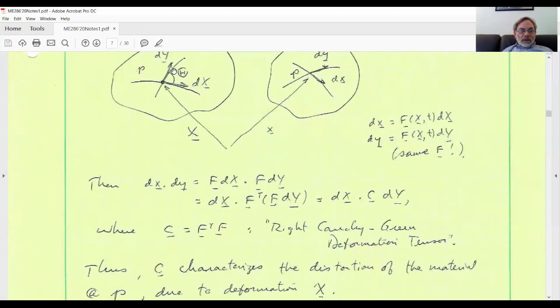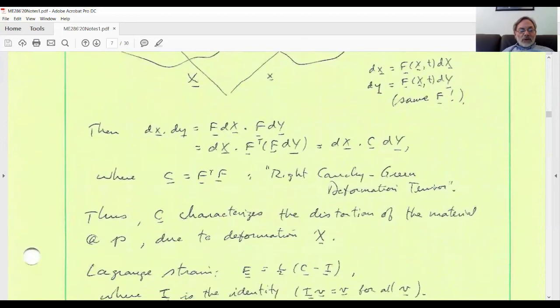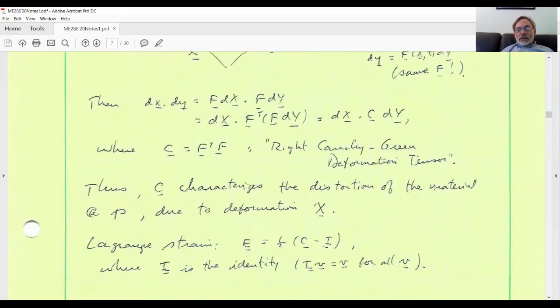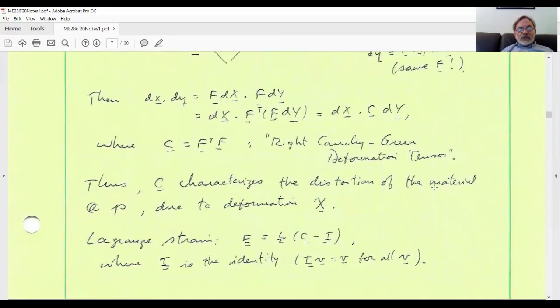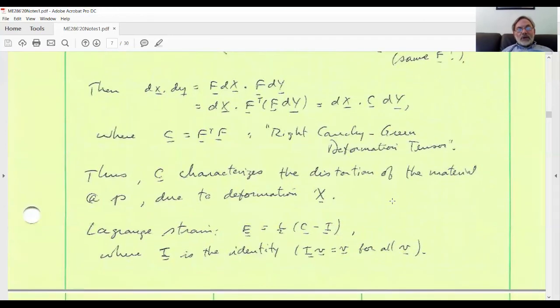For example, we can relate this angle capital theta to this angle small theta enclosing these two curves. We can do that for any pair of material curves passing through material point P. And in this way, we describe the local state of distortion. So this tensor C, derived from the deformation gradient, characterizes the distortion in the infinitesimal neighborhood of the material point P.